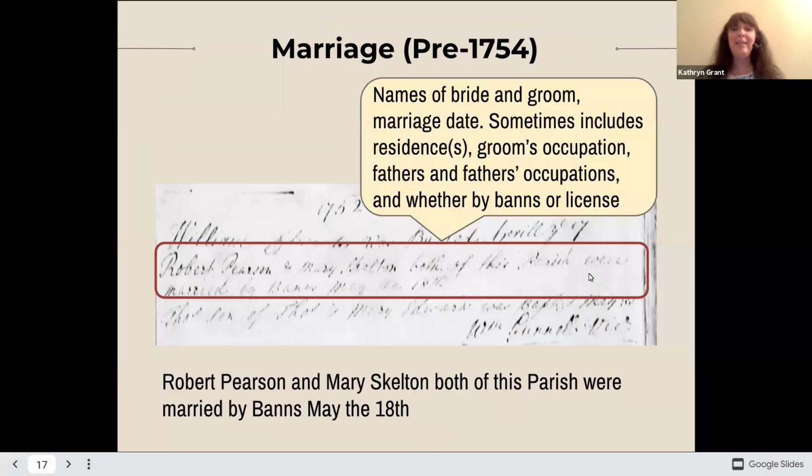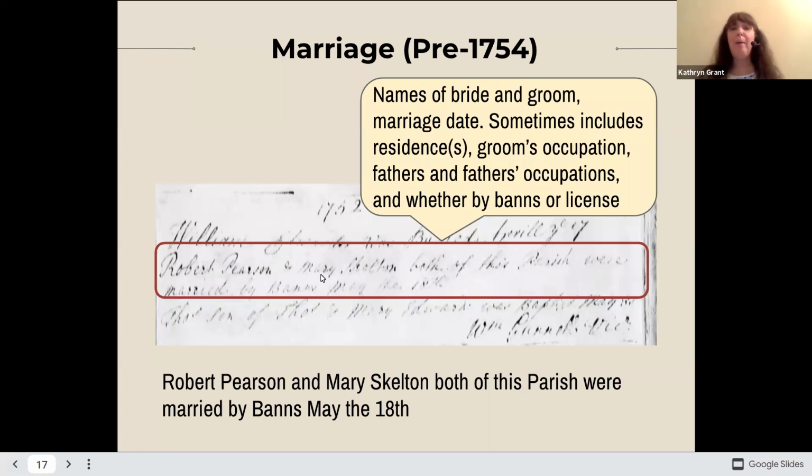Okay, those were the banns, and now we're looking at actual marriage records. So this probably looks really similar to the pre-form baptism records that we showed and discussed. Again, it's just totally free form, written by the clergyman.